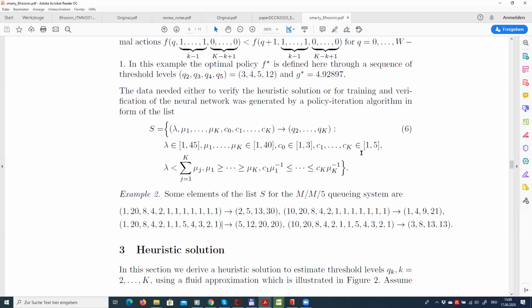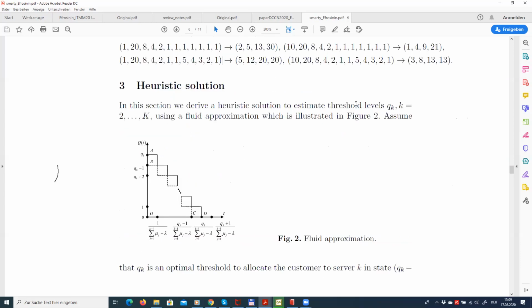Okay, now the next step: we want to avoid the usage of any numerical procedures to calculate the optimal threshold levels. This heuristic solution is based on a simple and rather rough deterministic fluid approximation of the queuing process.